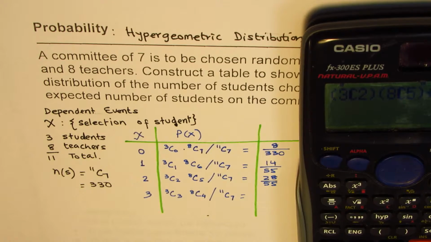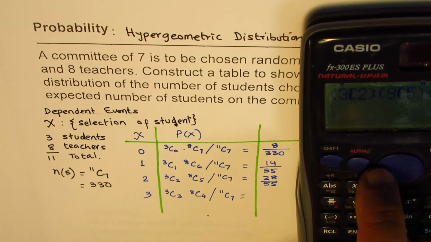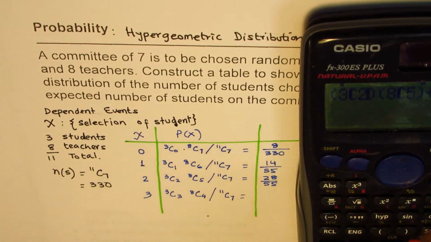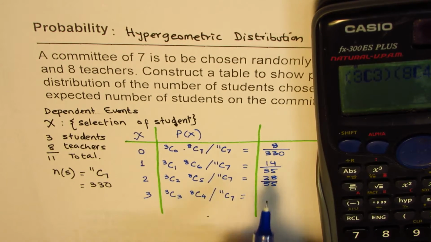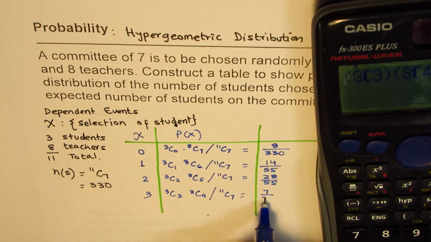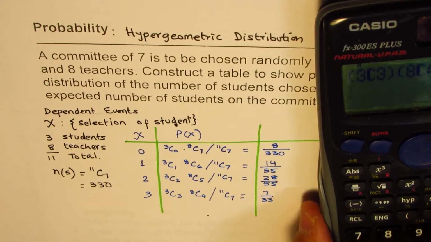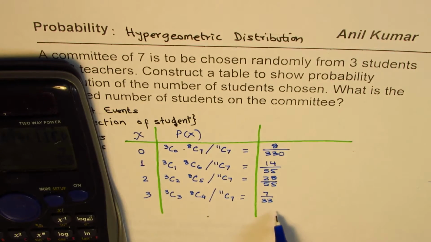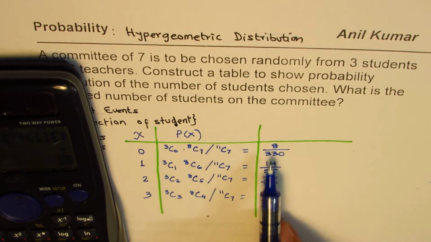And the last one is 3C3, and that becomes 8C4, and this is equal to 7 over 33. So these are the different values for the probability distribution.